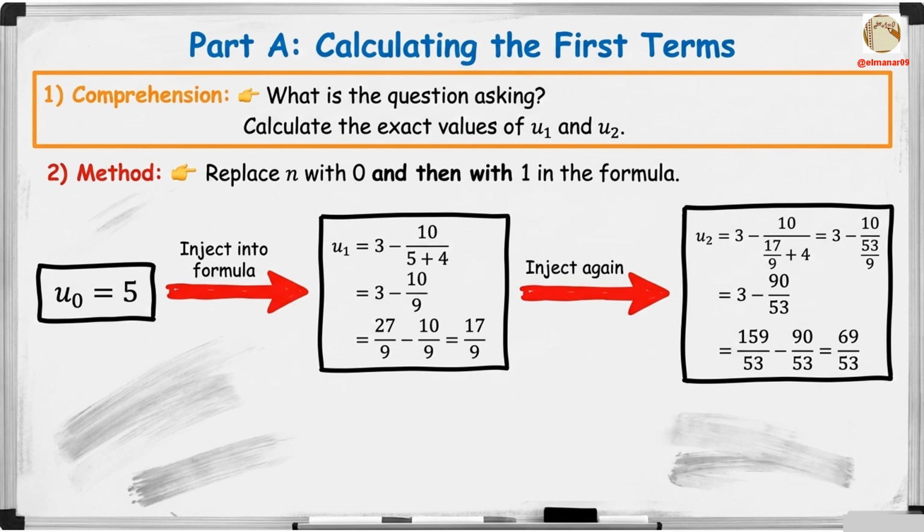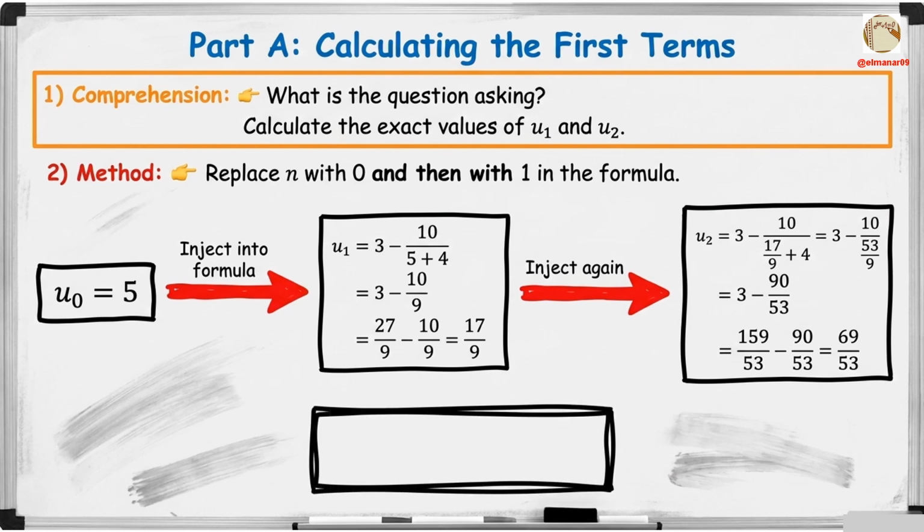Now, 10 divided by 53 over 9 is the same as 10 times 9 over 53, which is 90 over 53. Finally, 3 minus 90 over 53 becomes 159 over 53 minus 90 over 53, which equals 69 over 53. Great job! We've proved we can handle the arithmetic. Now, let's look at the bigger picture.